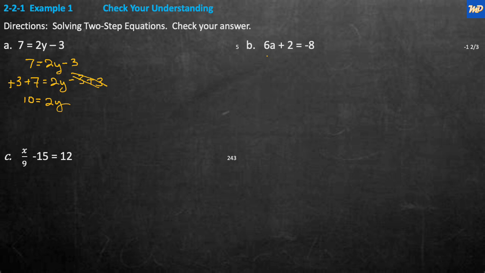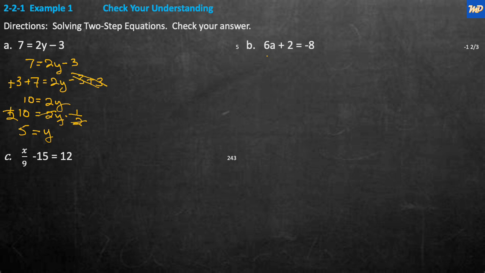So 1/2 times 10 is equal to 2y times 1/2. And now the 2's cancel, and you're left with y equals 10 divided by 2, which is 5. So y is equal to 5.